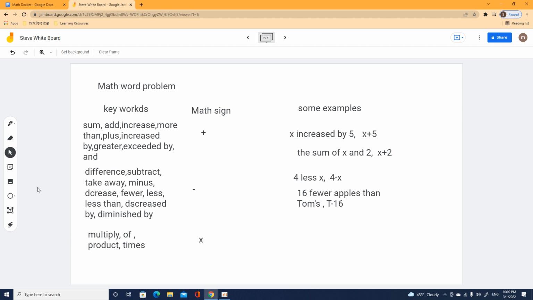I give you some examples, such as the product of x and y. That means x multiply y.